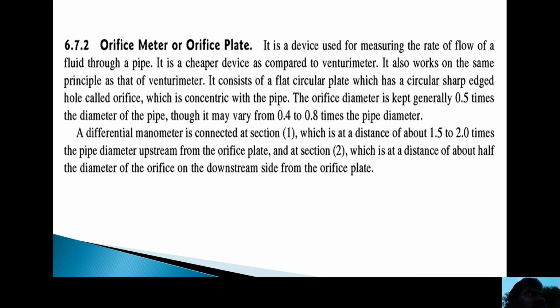A differential manometer is connected at section 1, which is at a distance of about 1.5 to 2.0 times the pipe diameter upstream from the orifice plate, and at section 2, which is at a distance of about half the diameter of the orifice on the downstream side from the orifice plate.